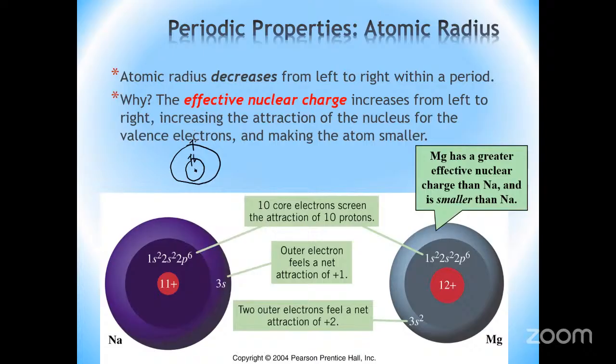But there's also a repulsive force between this electron, which is further away, and these 2 electrons, which are closer to the nucleus, right? There's a term that is used for that repulsive force. We say that this electron here is experiencing a screening effect, caused by the repulsion between it and the electrons which are closer to the nucleus, right?